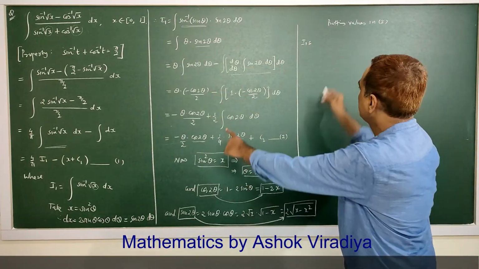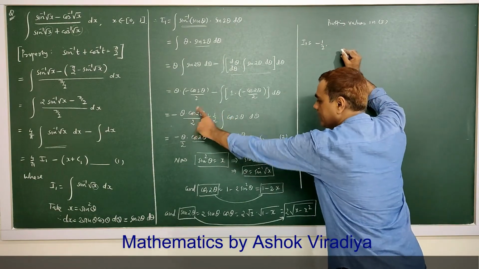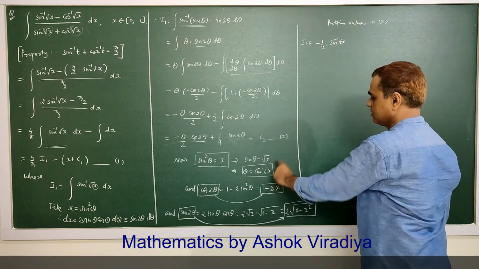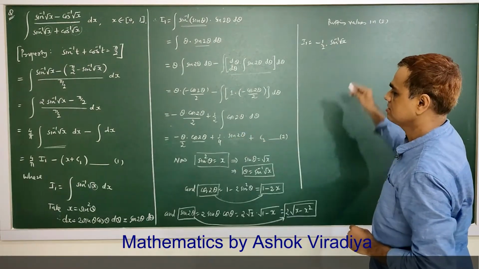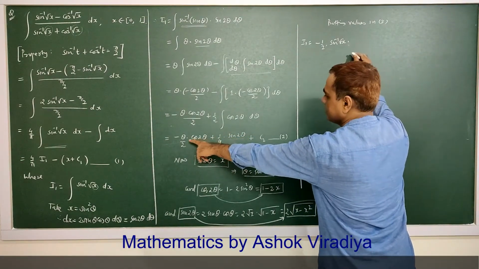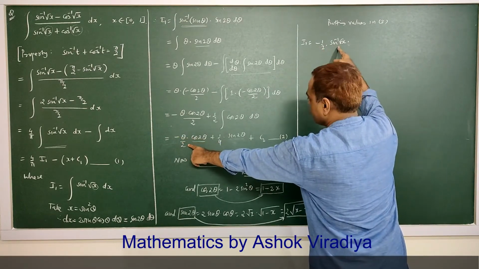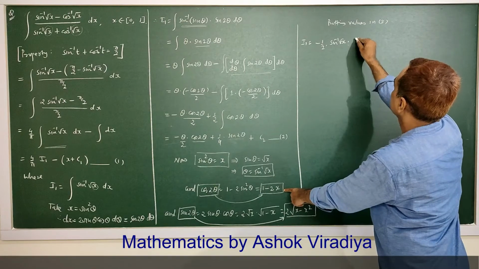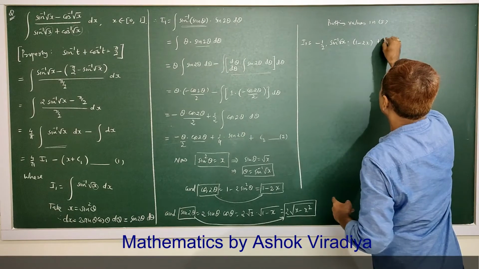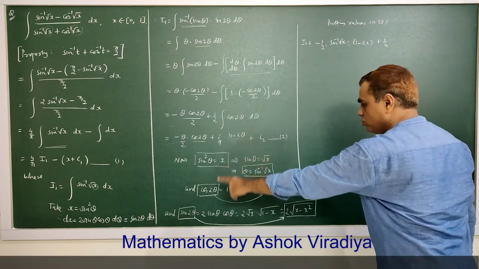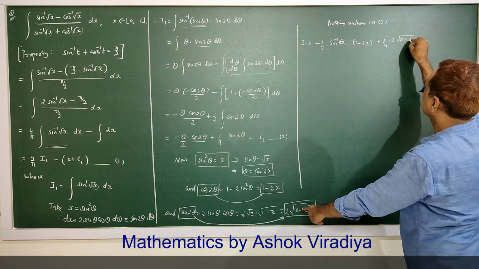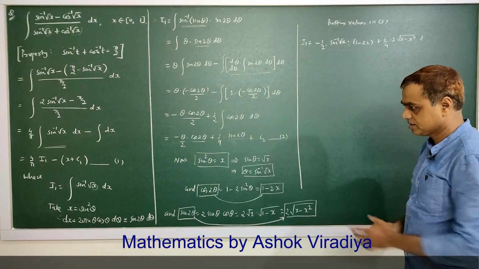So I1 is minus 1 by 2 theta, where theta is sine inverse root x, into cos 2 theta, which is 1 minus 2x, plus 1 by 4 sine 2 theta, which is 2 root x minus x square, plus c2.